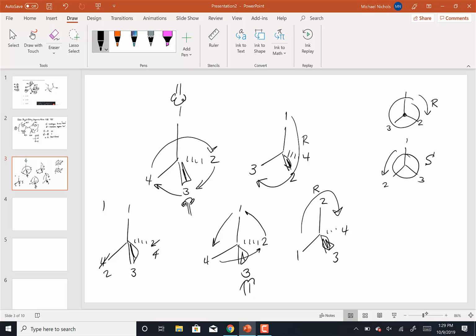Typically what you'll see me do is switch 4 and 2 and 1 and 3 in this case, because I want 4 where 2 is. But I don't have to do that. I could switch 1 and 2 and say, okay, I've got 1, 2, 3, and 4. 4's behind me. You cannot determine R and S unless 4's behind you. I mean, you can, but you have a 50-50 shot of getting it wrong.